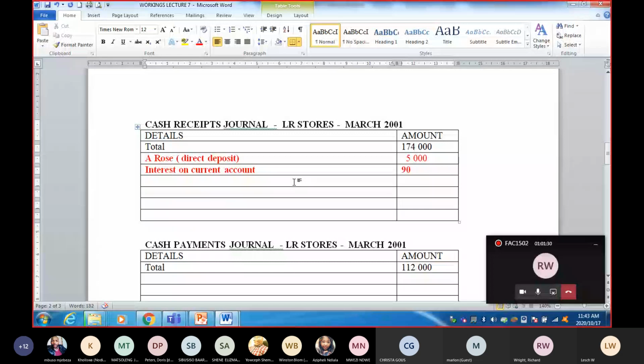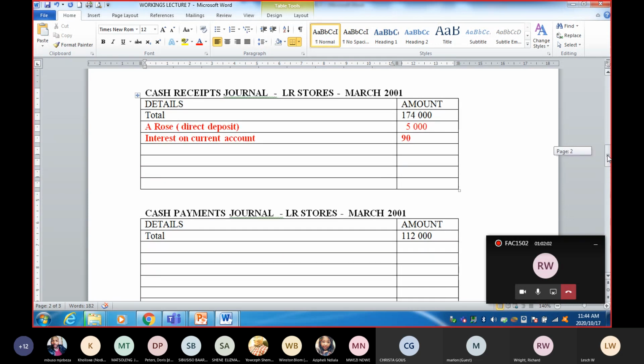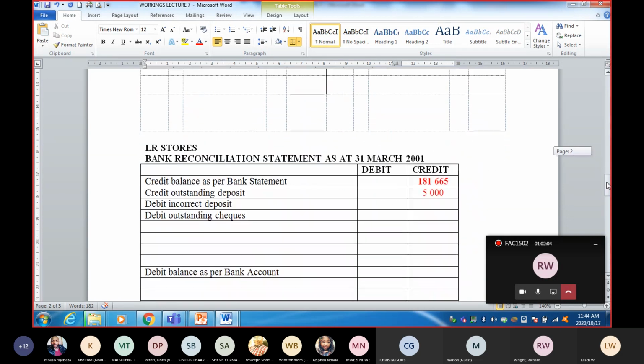The credit entry on the 31st of March in the bank statement was erroneously, incorrectly credited to LR Stores. It was a deposit which was made by RL Stores. So the bank has incorrectly recorded 15,000 Rand on our bank statement. This is an error by the bank, and an error by the bank on our bank statement will be rectified in our bank reconciliation statement.